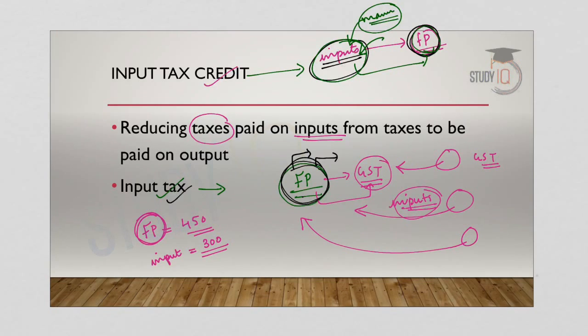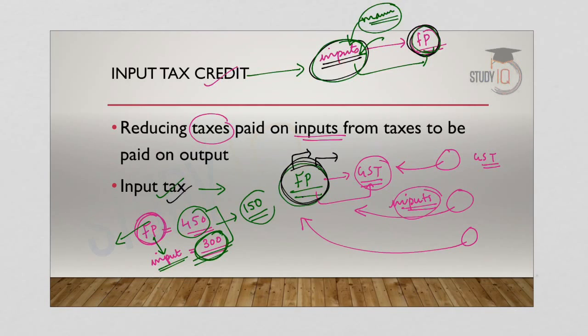So in this example, the final product tax is 450 and the input tax is 300. After the final product is launched, the producer can claim the input tax credit of 300 because he has already paid it on various inputs, and the final tax the producer will have to pay will be 150, because 450 minus 300 is 150.